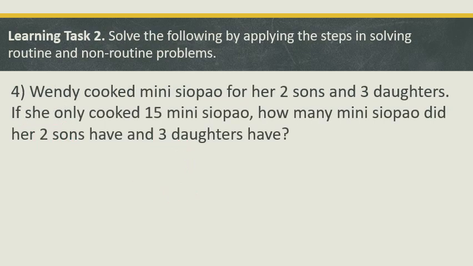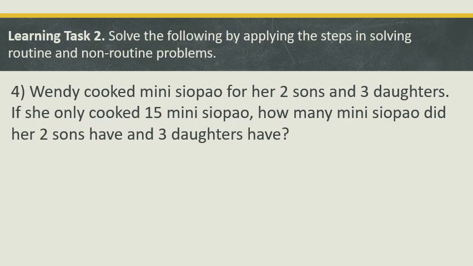Number 4, Wendy cooked mini siopaw for her 2 sons and 3 daughters. If she only cooked 15 mini siopaw, how many mini siopaw did her 2 sons have and 3 daughters have? Ilan po lahat yung anak ni Wendy? So, 5. Since 5 yung anak niya, ilan po ang makukuha ng bawat isa?